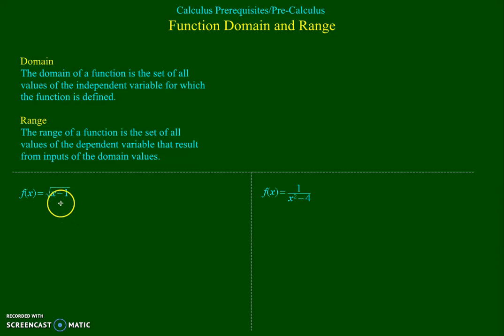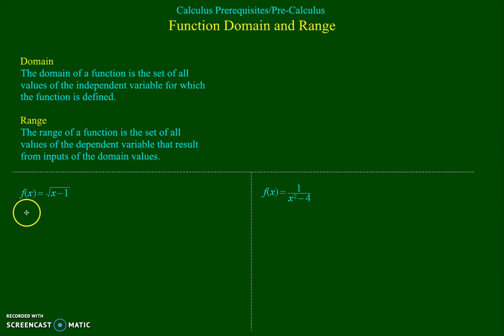Now here we have a simple radical function, and recall that radical functions are not defined for negative values. So this discriminant, the value inside the radical, has to be greater than or equal to 0. So we're looking for the values of x that make the discriminant greater than or equal to 0, and that's where the function is defined.